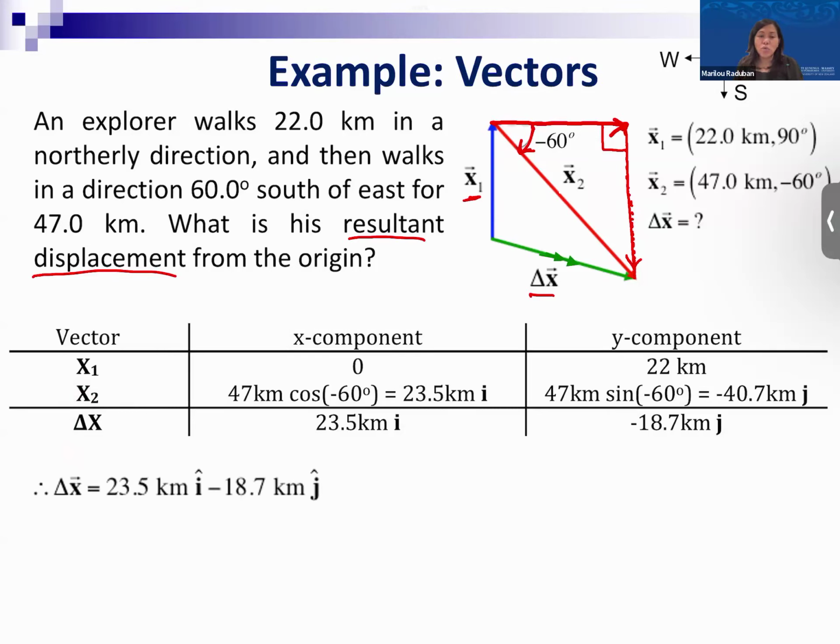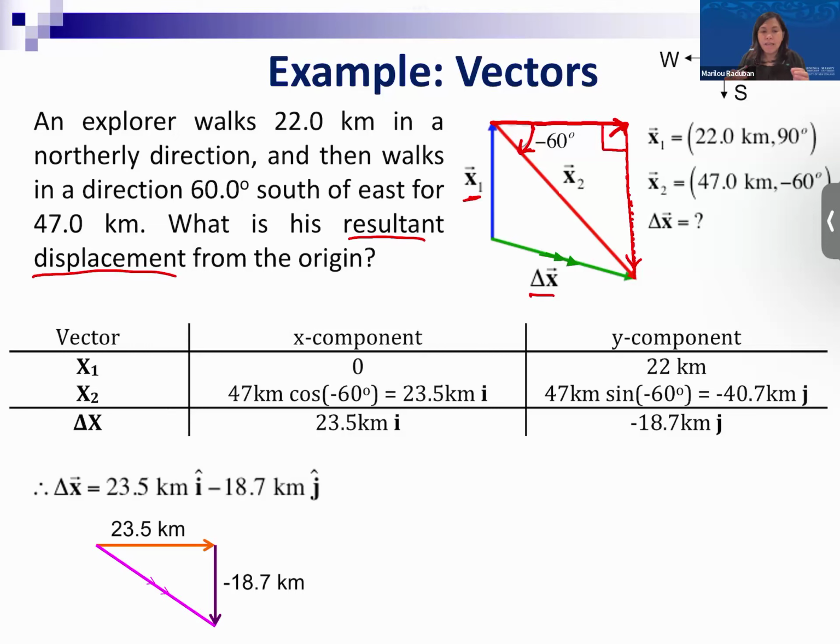So you can quote your answer by writing down the x component, 23.5 kilometers i hat, and the y component, minus 18.7 kilometers j hat. This is a valid way of putting the final answer, and it's acceptable. You can get the full points by writing this as the final answer.